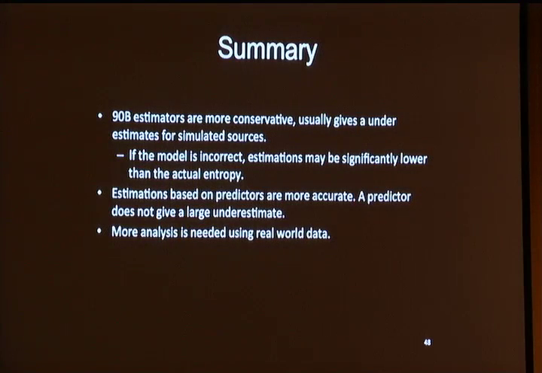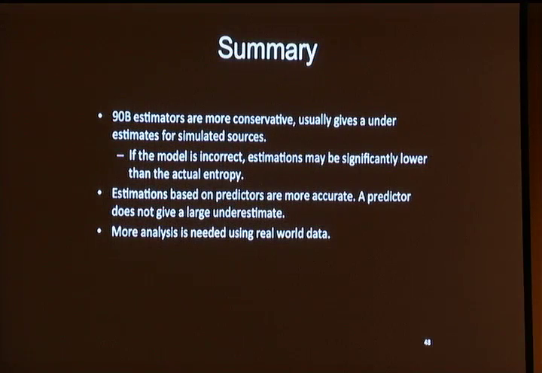In summary, 90B estimates are more conservative and usually provide an underestimate for our simulated sources. And if the model is incorrect, it can be a significantly lower estimate.